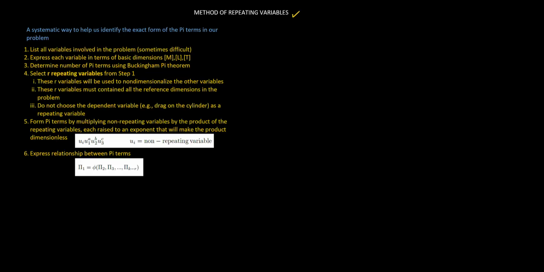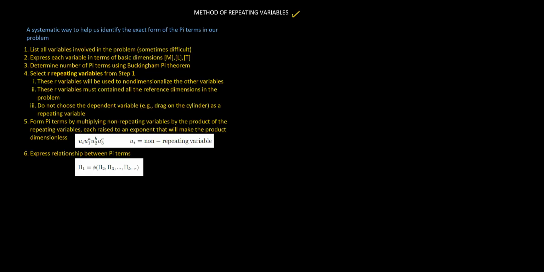We then use the Buckingham pi theorem to determine the number of pi terms. Now the number of pi terms will be k minus r, where k is the number of variables in the problem, and r is the number of basic dimensions, M, L, T, that appear in those variables. Okay, so we determine the number of pi terms using the Buckingham pi theorem.